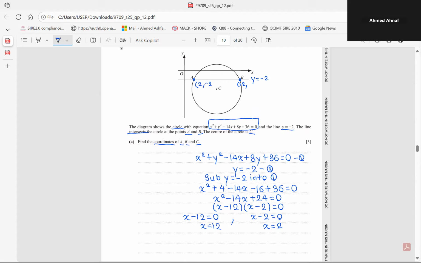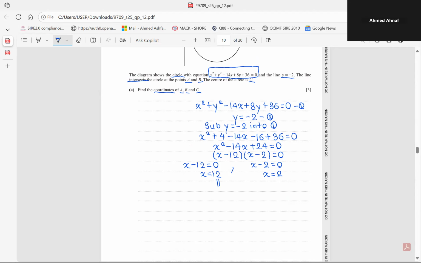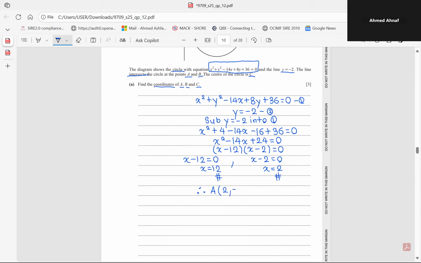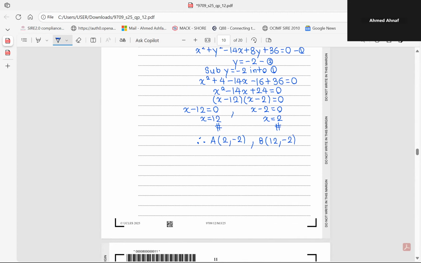So the y coordinate for both will be -2. Hence, we can write A is equal to (2, -2), and B is (12, -2). So these are final answers for A and B.